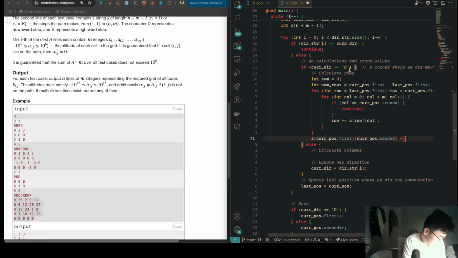So x2 plus x3 plus x4 plus minus sum x1, you know, x1 plus x3 plus x4 plus, x1 plus x2 plus minus sum 3 equals 0.